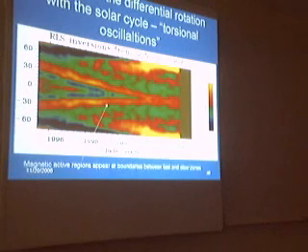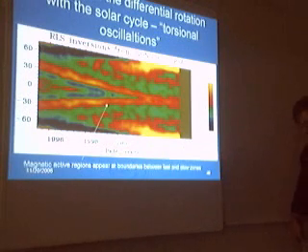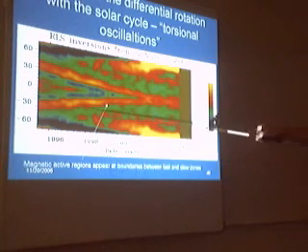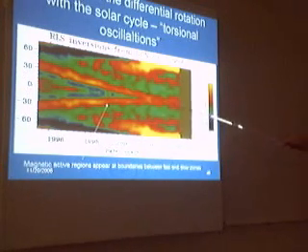Here we plot what they call torsional oscillations. The velocity of rotation of the sun is 2 kilometers per second, and these flows, these jets of fast or slow rotation, are only a few meters per second. Here it's shown in nanohertz, as rotation rate, but that's about 10 meters per second or 8 meters per second.